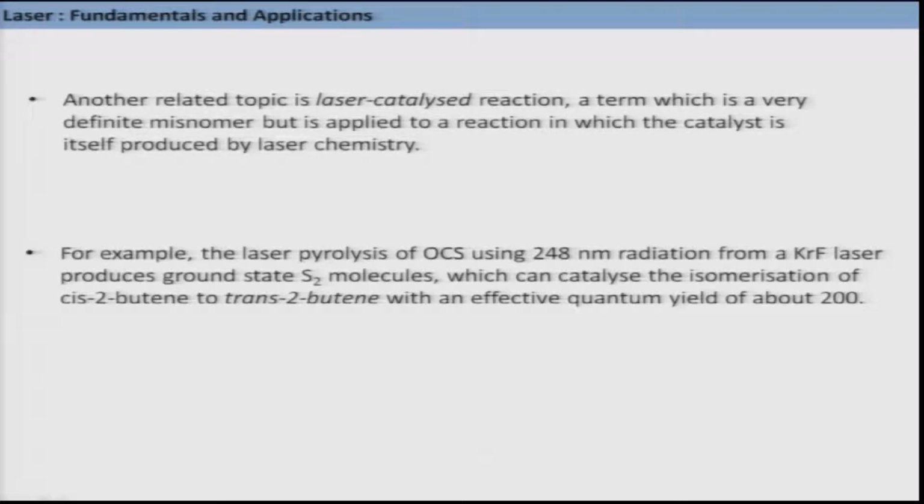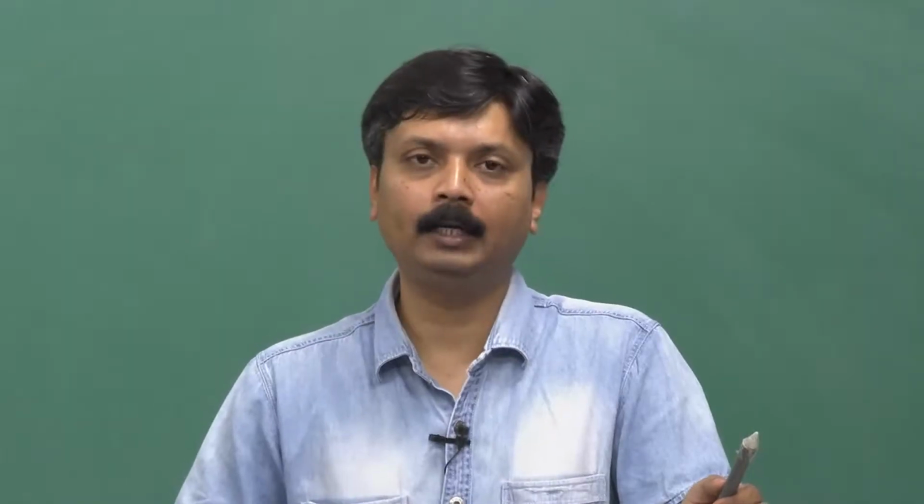One example, the laser pyrolysis of OCS using 248 nanometer radiation from a krypton fluoride laser produces ground state S2 molecules, which can catalyze the isomerization of cis-2-butene to trans-2-butene with an effective quantum yield of about 200, which is a great amount. So, here you can see that the catalyst itself can be produced by a chemical reaction.